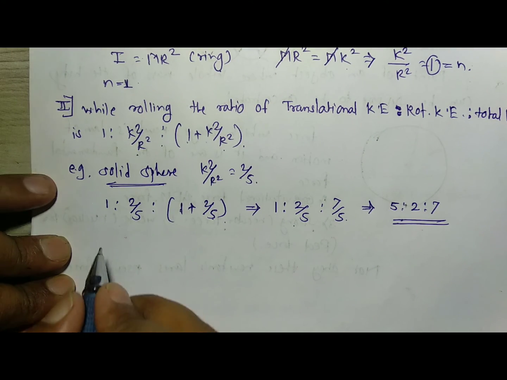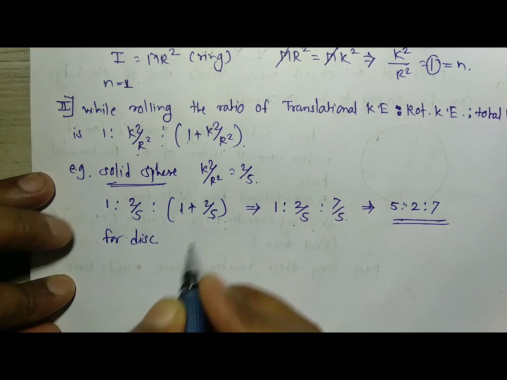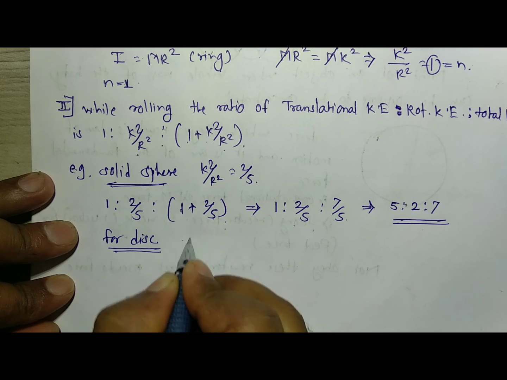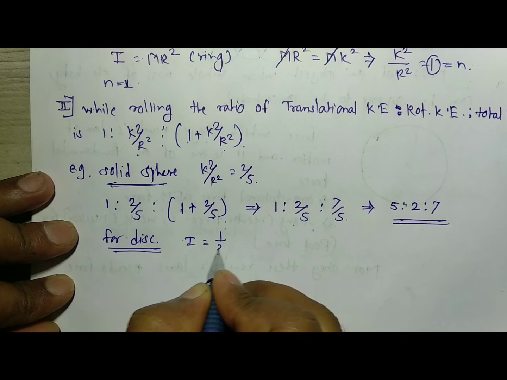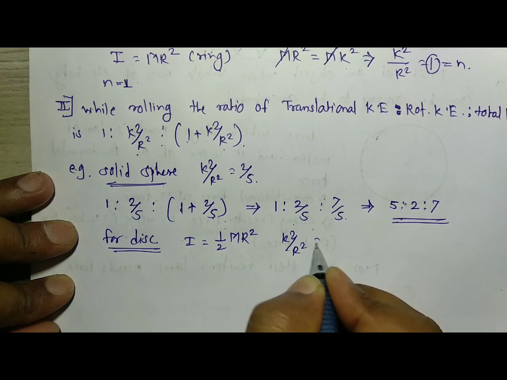We know that for a disk the moment of inertia is 1/2 mr square, and therefore k square divided by r square is equal to 1/2.